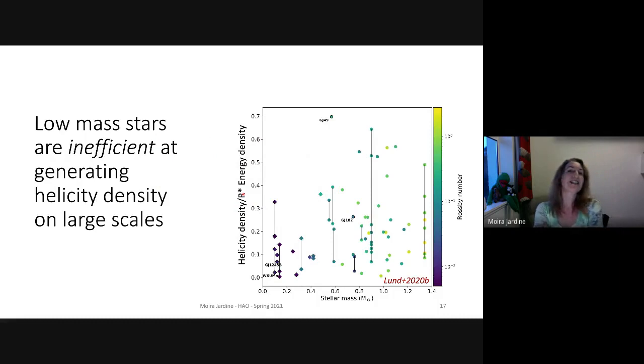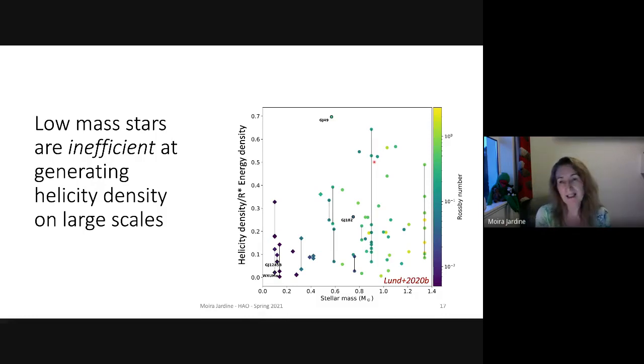So what we find is if we take the ratio of the helicity density to the energy density, and there's a factor of the radius of the star in here to keep the units right, and plot this against stellar mass, the lowest mass stars are inefficient at producing helicity density. They've got less helicity density for the same energy compared to stars like the Sun, which are capable of generating much more helicity.